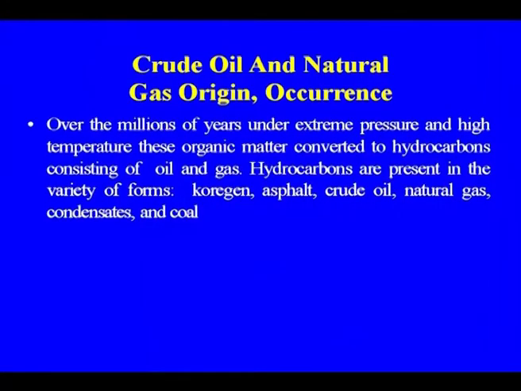So the crude oil and natural gas, which I was telling about the origin and occurrence, over millions of years under extreme pressure and high temperature, these organic matters converted to hydrocarbons consisting of oil and gas. Hydrocarbons are present in a variety of forms: asphalt, crude oil, natural gas, condensate and coal.